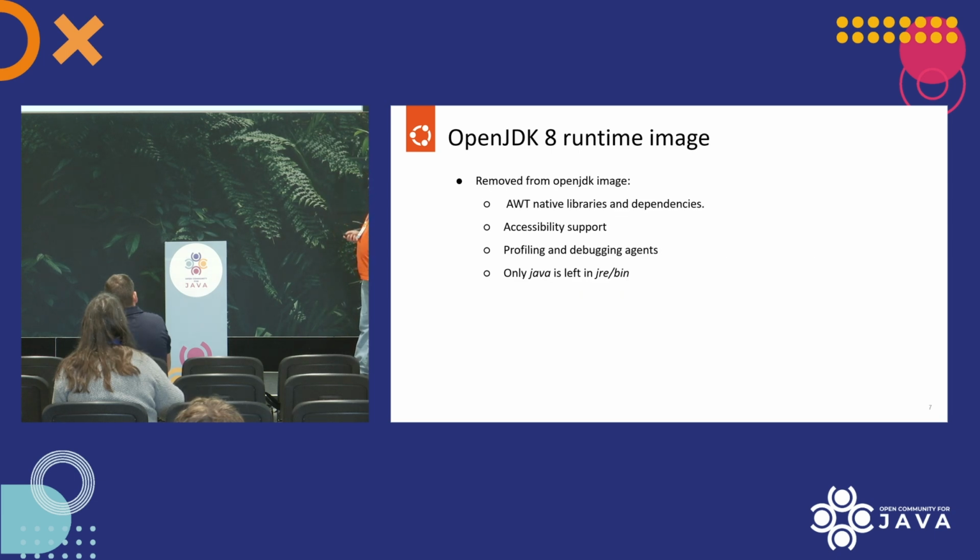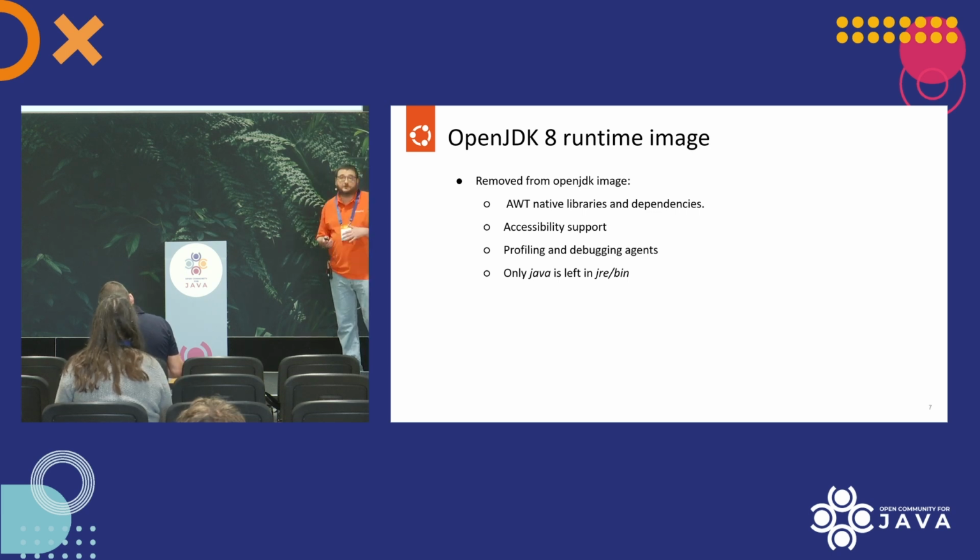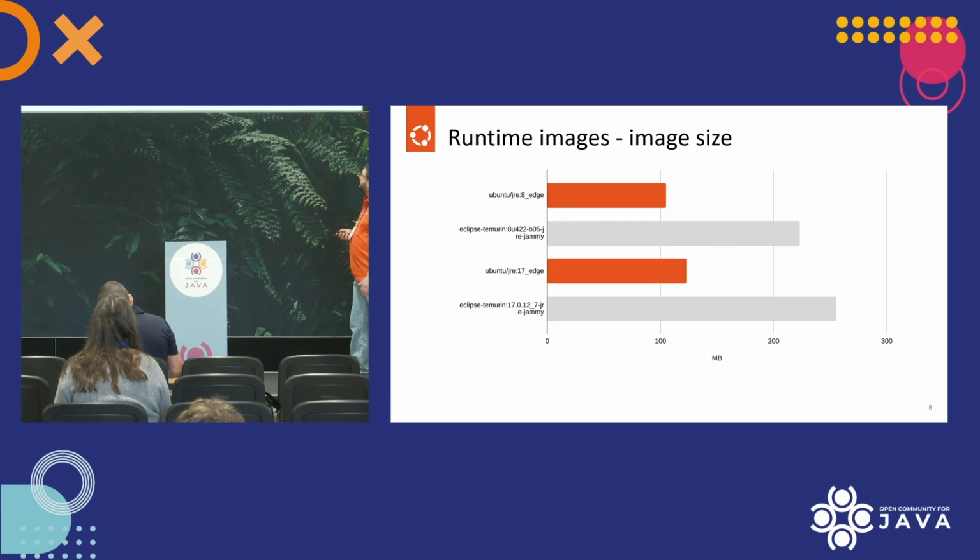Right, so for OpenJDK 8, we have, like I said, removed AWT libraries and dependencies, accessibility support, profiling and debugging agent, and most of the tools, so there is only Java. If you want any of those back, again, we can use Chisel to cut additional slices of OpenJDK into the runtime image that you are preparing.